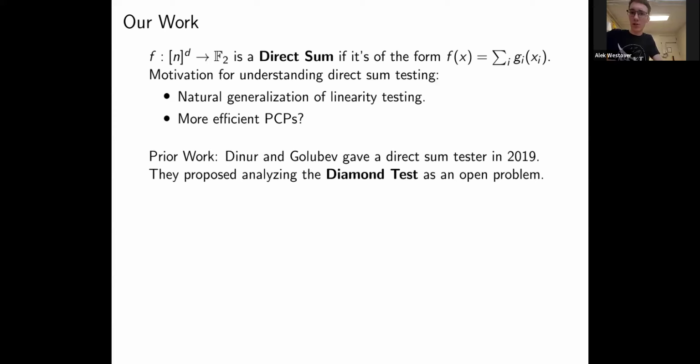In 2019, Dinur and Golubev gave a nice tester for direct sum, and they proposed another tester for direct sum testing, which we decided to call the diamond test, and they asked to analyze or kind of refute this as being a tester as an open question.